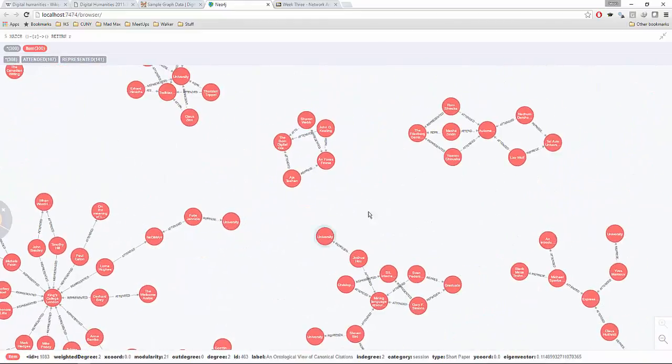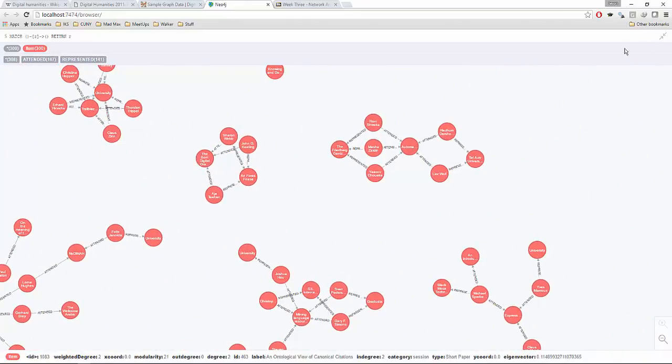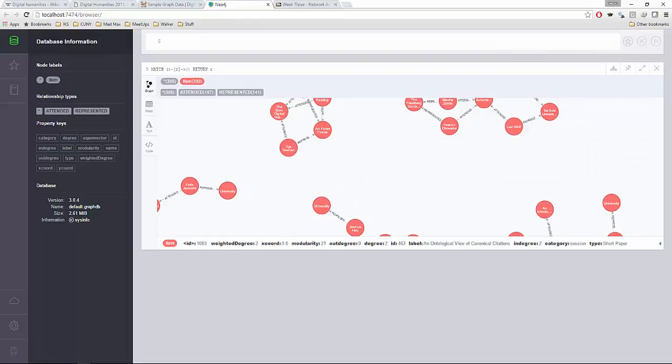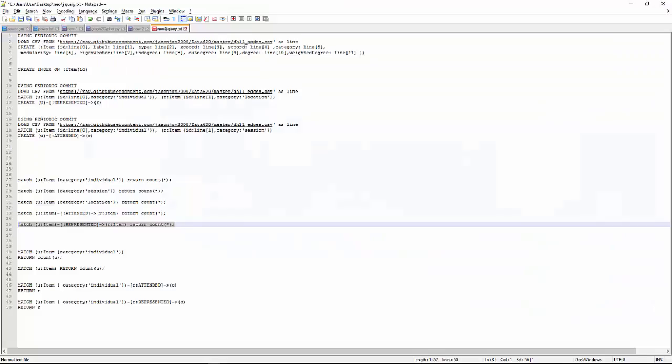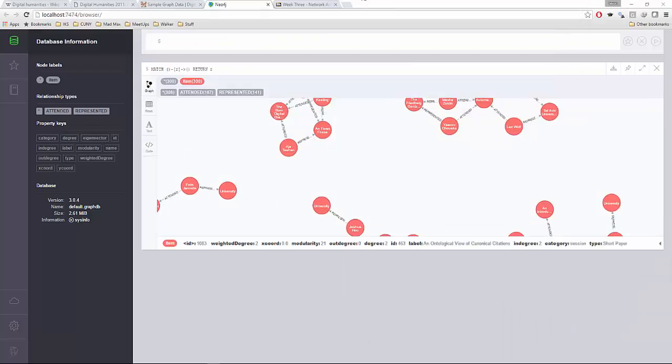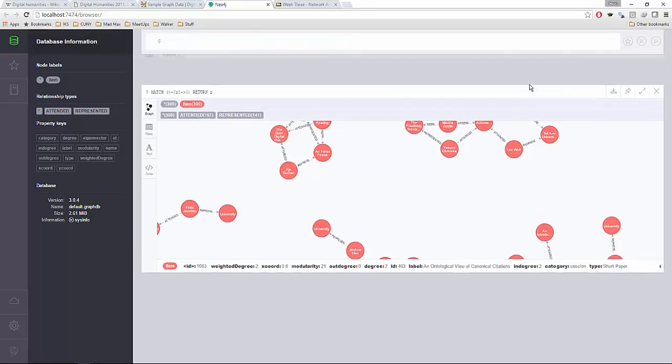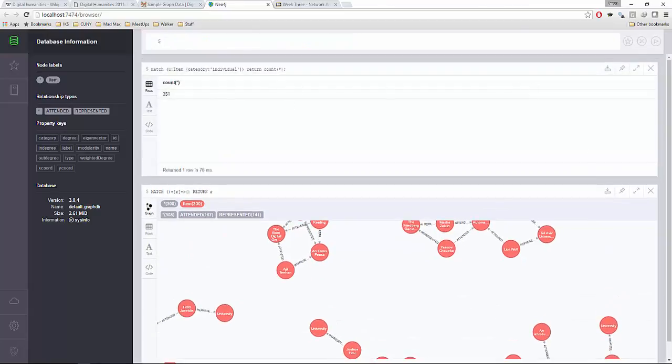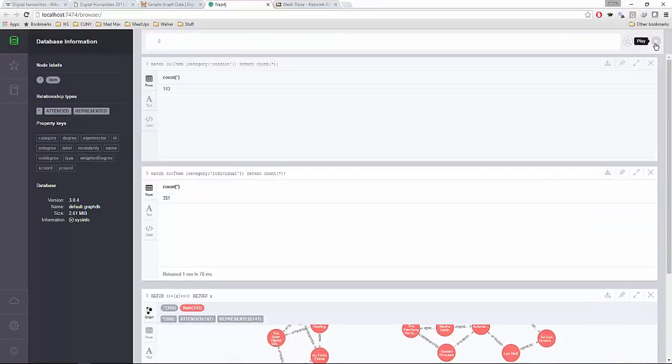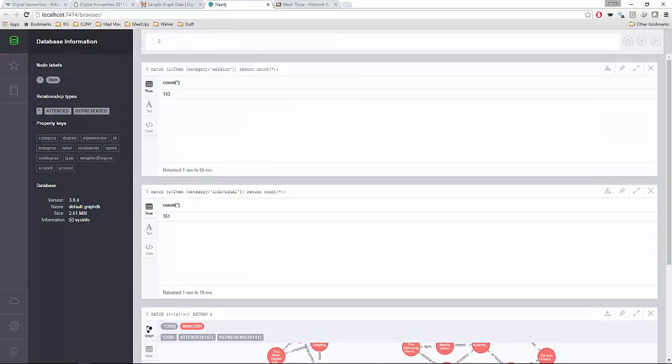A few of the queries that I managed to run in the database: I ran a query that pulled the number of nodes categorized as individuals, and there are 351 of those, and the number of nodes categorized as session, which would be whichever classes they attended, which is 143.